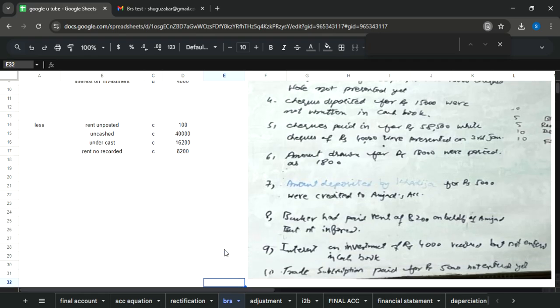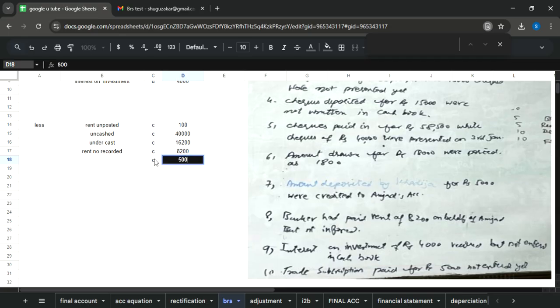Now let's see what the 10th entry is saying. Trade subscription paid. Look at this, this is paid, so it's an expense. In an expense, the bank should be credited. 500 not entered. Alright, we will enter. So trade subscription paid. Paid means decrease, so here you will write credit. And how much is the amount? 500.